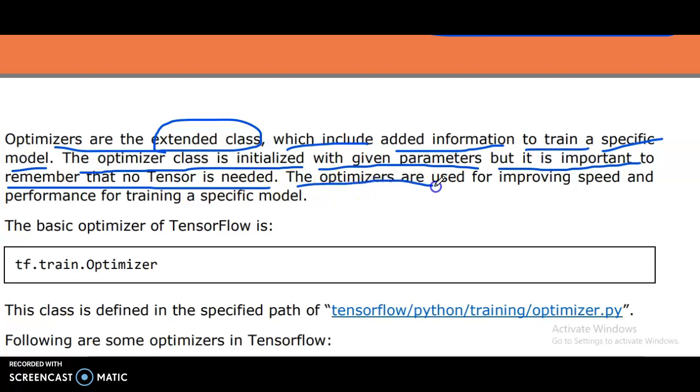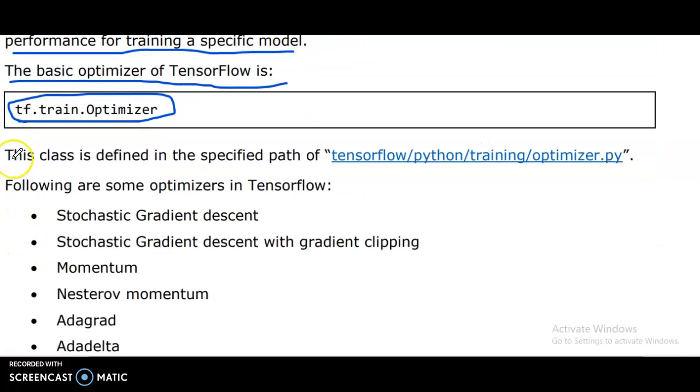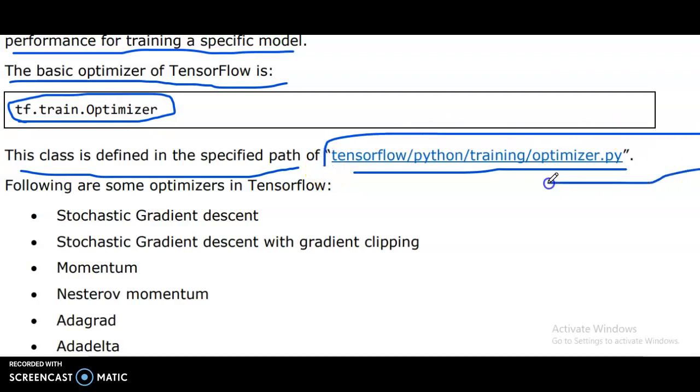The optimizers are used for improving speed and performance for training a specific model. The basic optimizer of TensorFlow is tf.train.Optimizer. This class is defined in the specified path of TensorFlow Python training optimizer.py. This is the specified path.